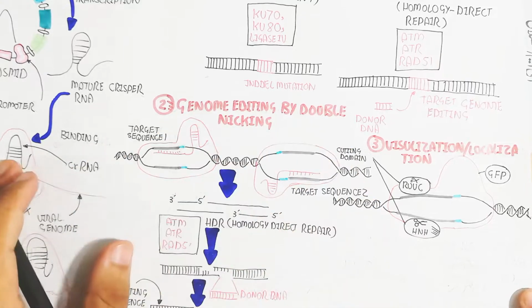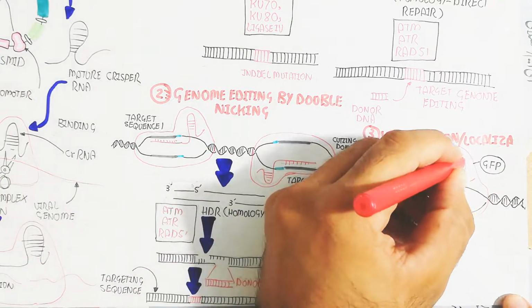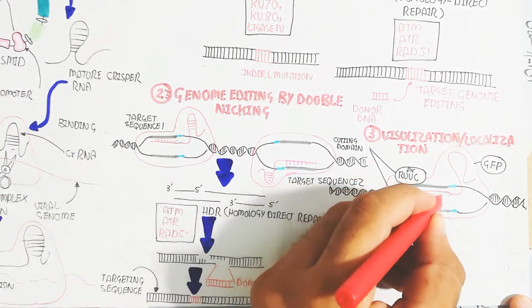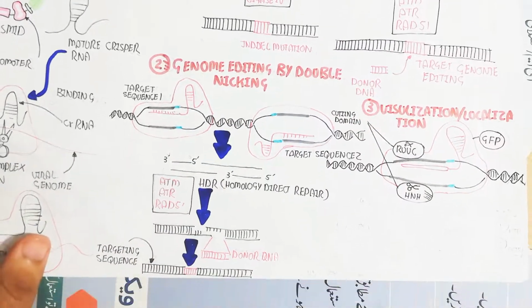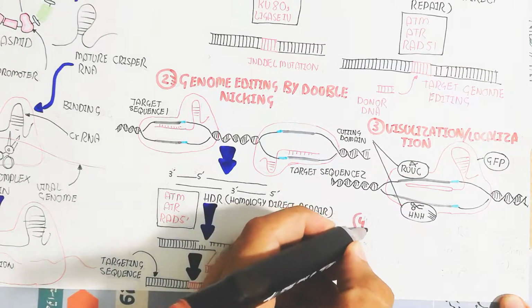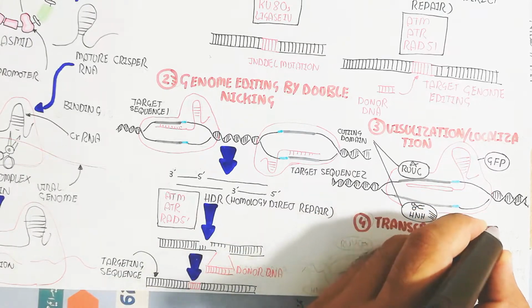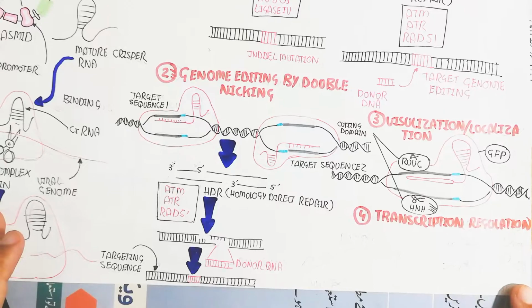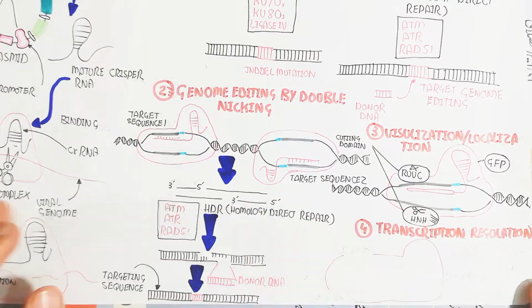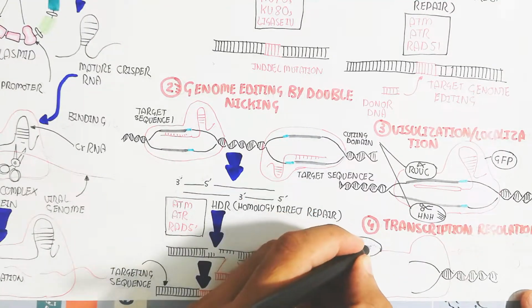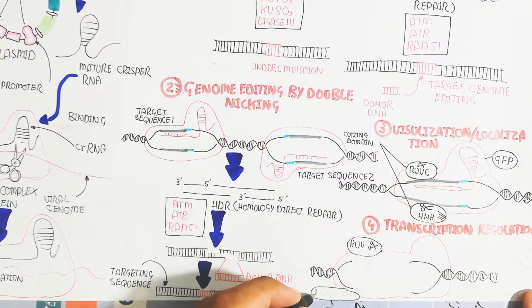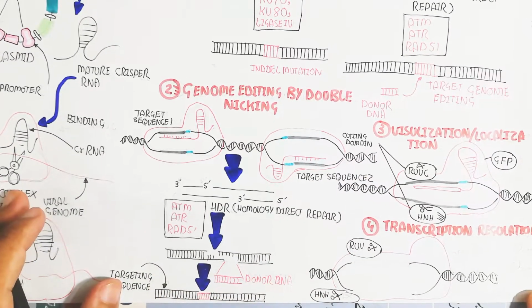So after the cutting of the domain, you can understand, the transcription regulation will occur. The transcription regulation is the fourth part. In this way the GFP will indicate that the cutting of the domain is complete, and the restriction of the unrequired genome will be cut.